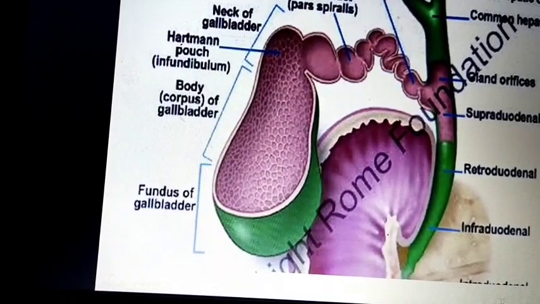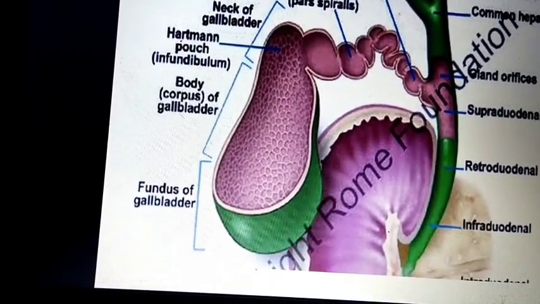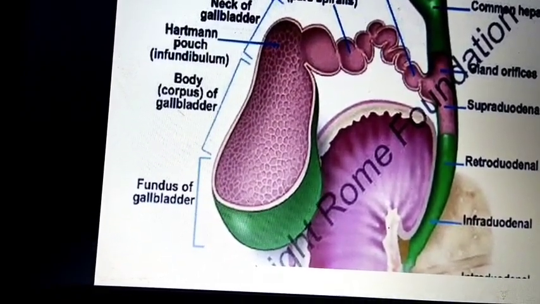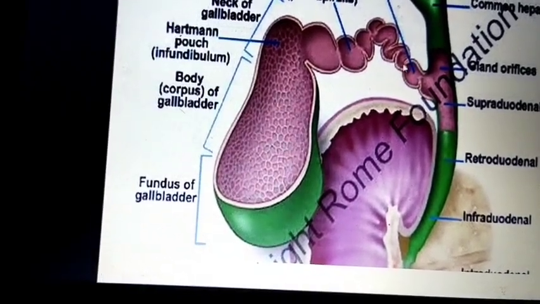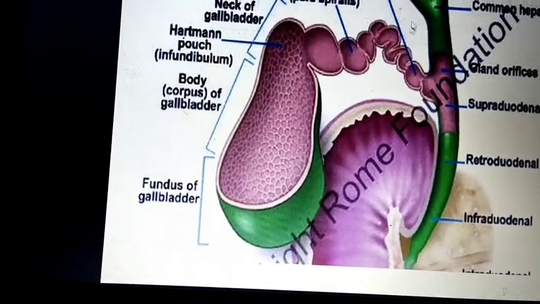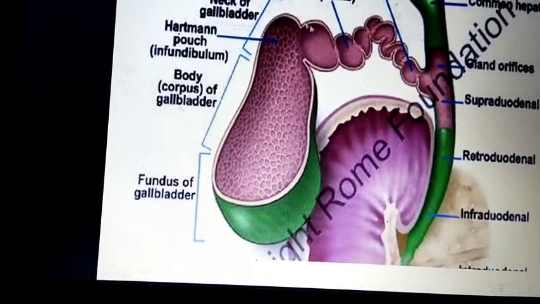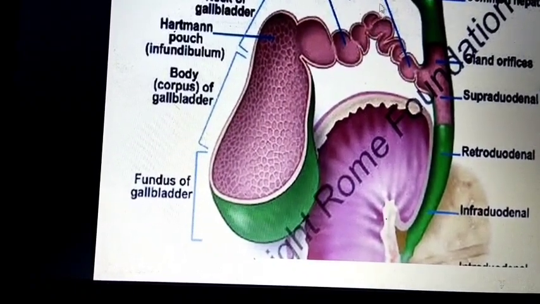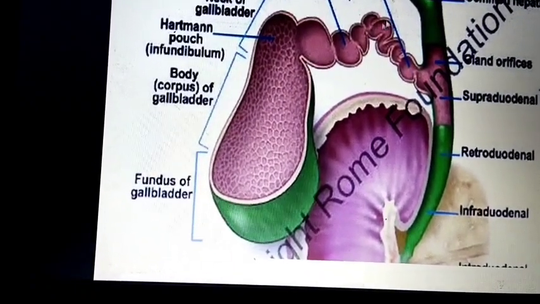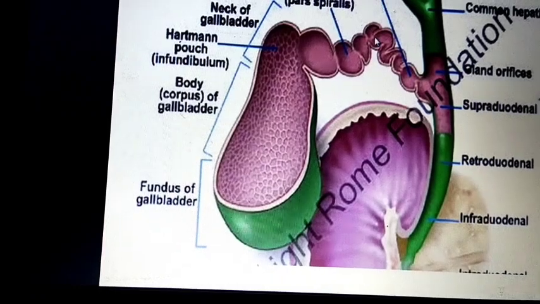That triangle is called Calot's triangle, or you can also call it the hepatocystic triangle. Hepato means liver and cystic means cystic duct. The contents of this triangle are very important: one is the cystic artery, and another is a node, the cystic node or node of Lund.